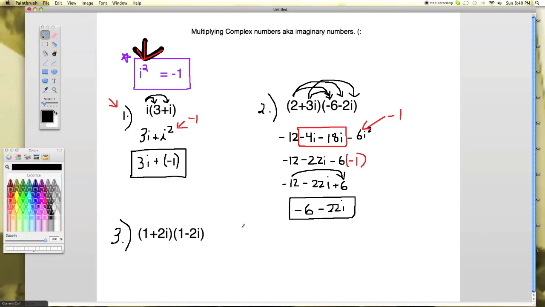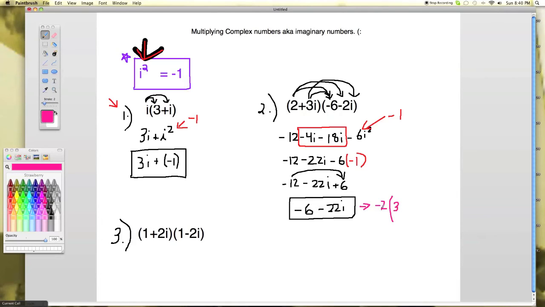Or if you wanted, you can pull out a -2 since -2 goes into -6 and -22i. So it could also equal -2, and whenever you pull out a number, you put it outside the parentheses.